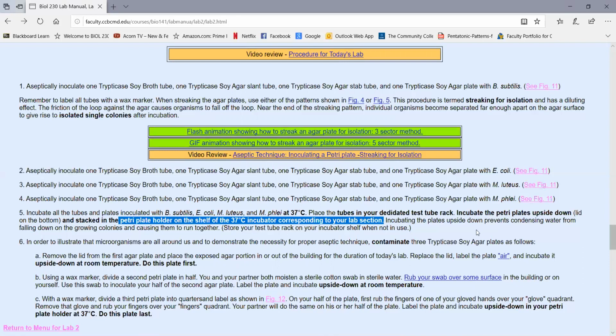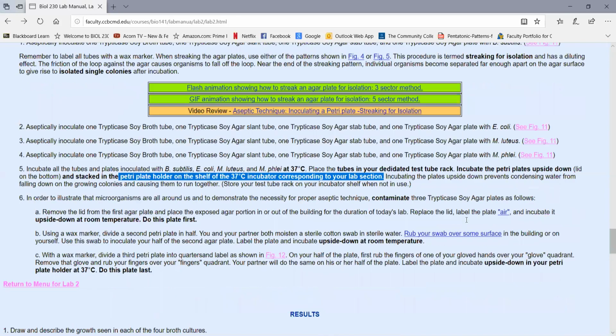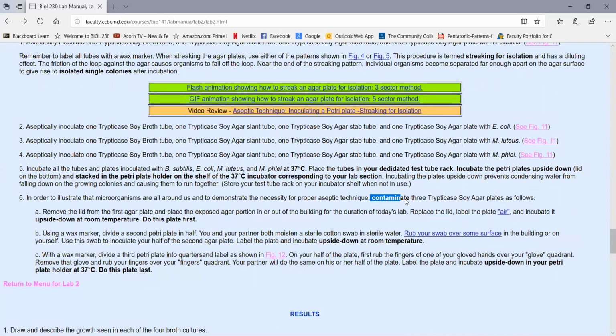But to show that microorganisms are everywhere and that it's always raining bacteria, you're going to take 3 extra plates of trypticase soy agar and you're going to purposefully contaminate them. And you're going to do this as shown in steps 6A, 6B, and 6C.